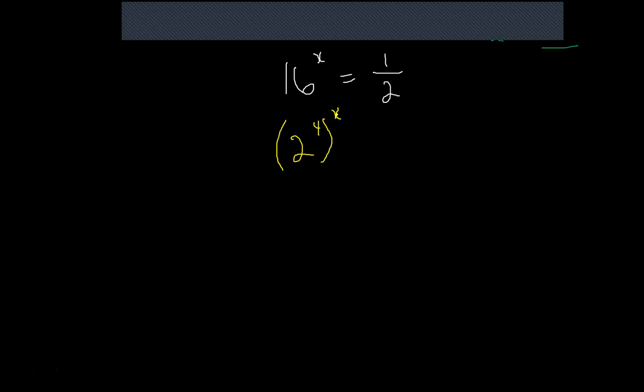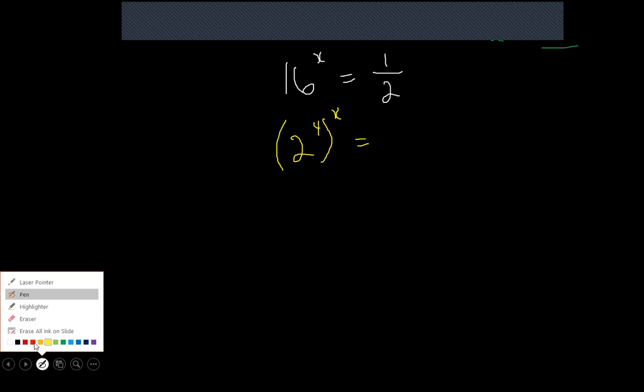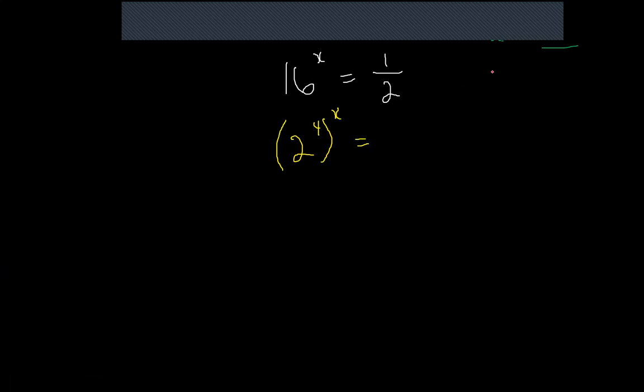So okay, 2 to the power of 4, and this whole thing raised to the power of x. But how exactly am I going to write a half to the base 2? These are questions you would be asking yourself. Well, we know a law that says a to the power of minus n is going to give me 1 over a to the power of n.